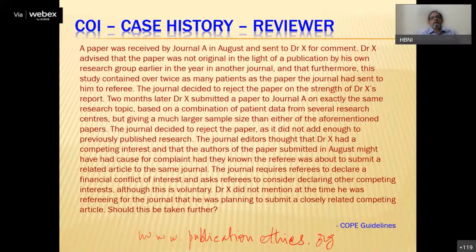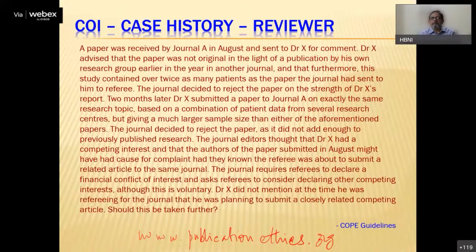So the first case I deal with is actually a paper which was received by some journal A at some point of time, and it was sent to a certain Dr. X for comments or review. And this Dr. X actually advised that the paper was not original in light of a publication by his own research group earlier in the year in another journal.